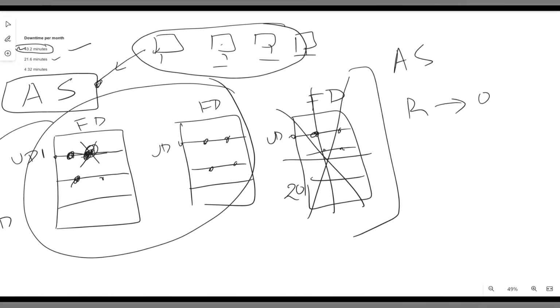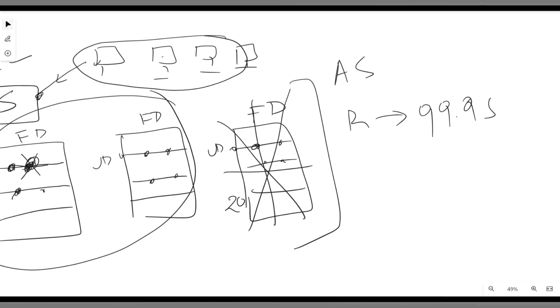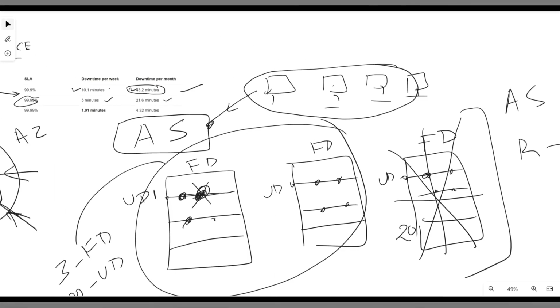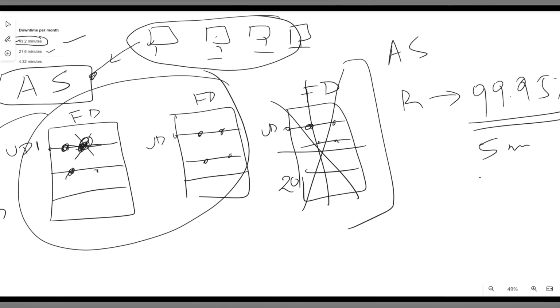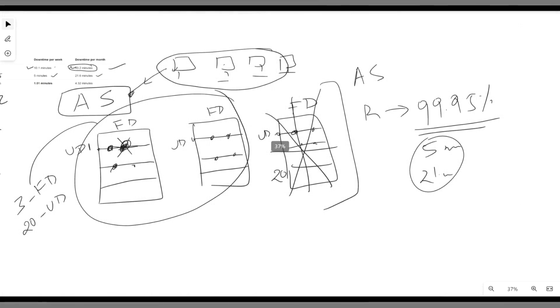That is the reason you will get 99.95% uptime. So it means only 5 minutes downtime, and if you calculate it for 1 month, you'll have only 21 minutes of downtime per month. So using availability set, you can achieve high availability for your virtual machines so that you can avoid downtime.